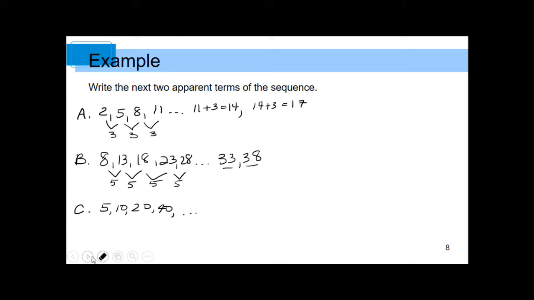Well, when I notice doubling, I like to break down the terms. Anytime you see a constant, this is a constant multiple, right? This is being multiplied by 2, multiplied by 2, multiplied by 2. So we could think of this first one as just 5, and then the second term is 5 times 2, and then the third term is 5 times 2 times 2, and then the fourth term is 5 times 2 times 2 times 2.